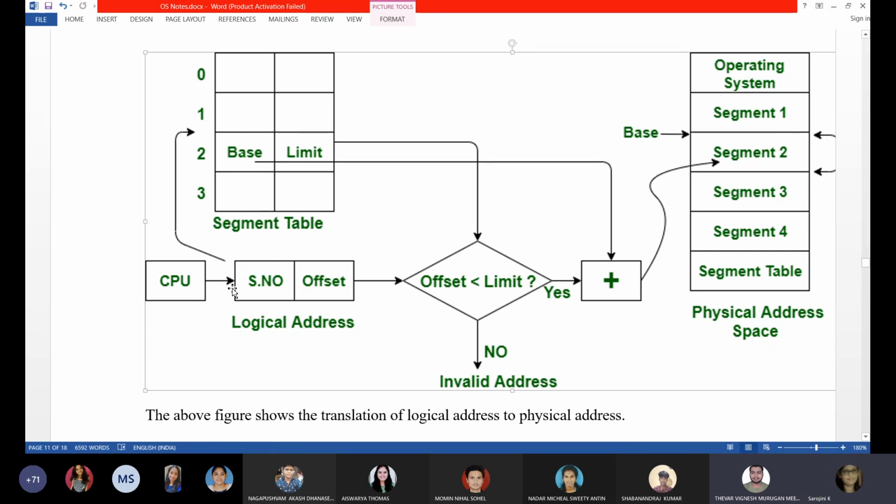And we already discussed the segment table. The segment table will have the segment number sequentially, and then that segment's base address and its size.